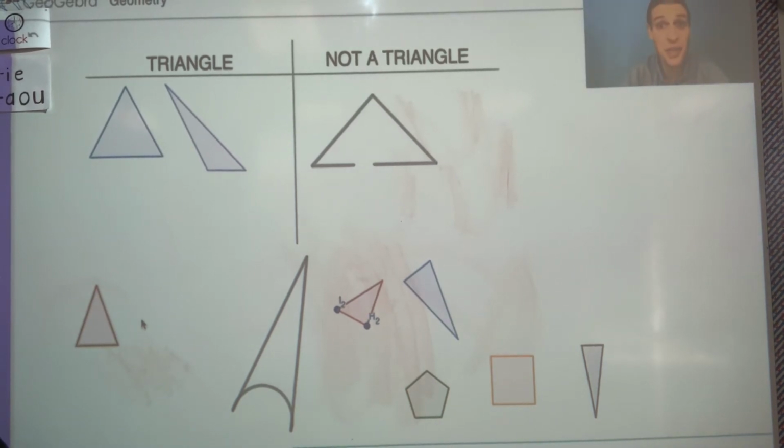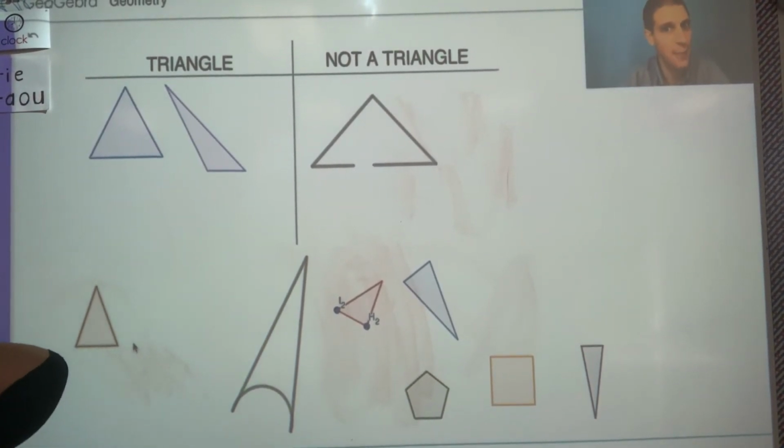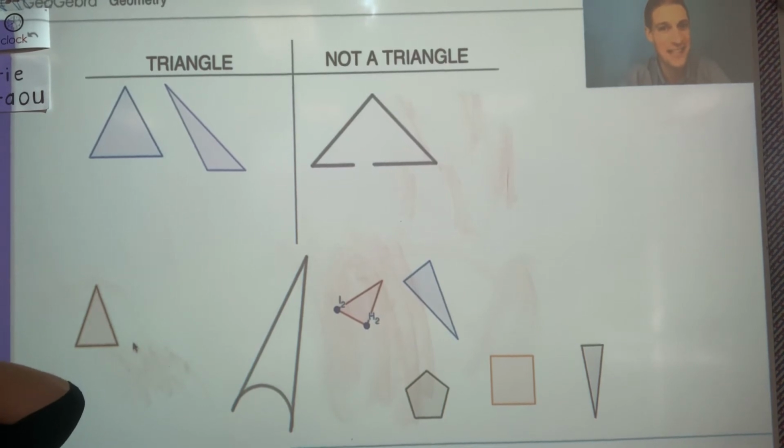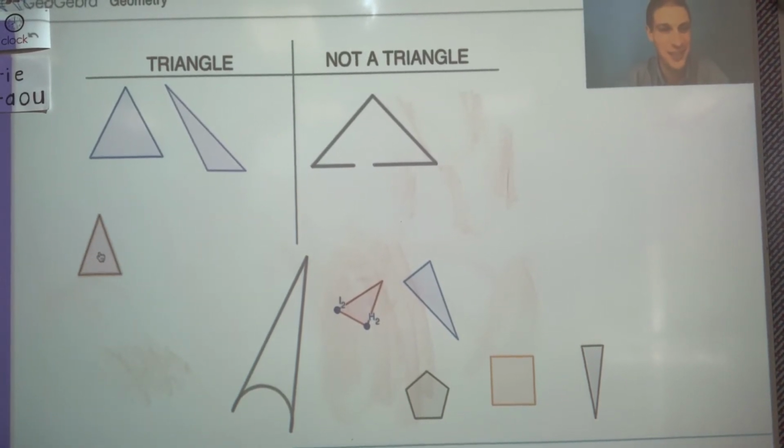Oh, my friends over here said, yes, it is a triangle. It has 3 straight sides, 3 corners, and it is closed. Our pet dog could not get out of that fence. All right, it's a triangle.